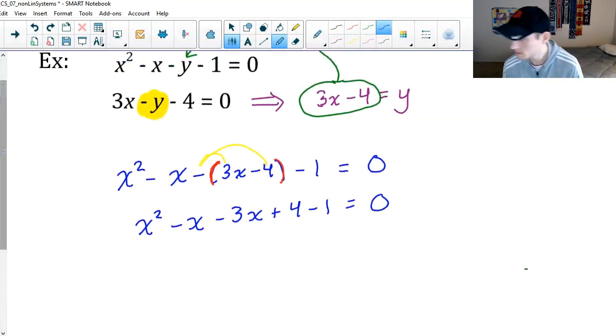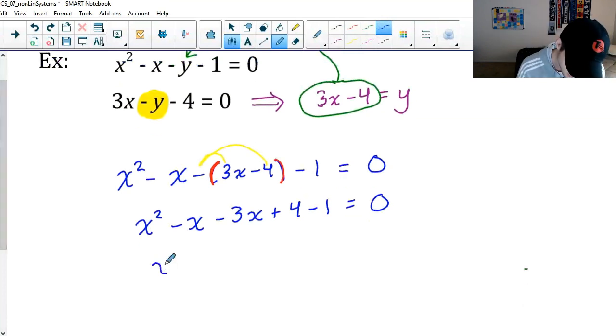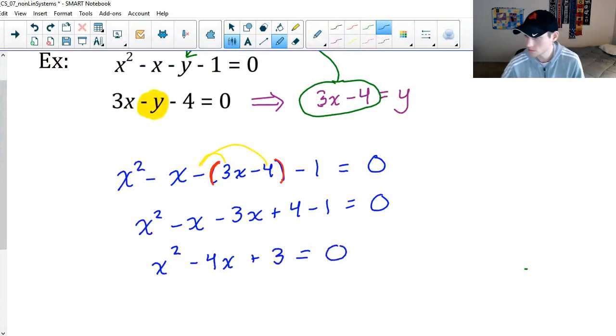Let's combine some like terms. So x squared minus 4x plus 3 equals 0. So I'm solving. I have a quadratic now equals 0.